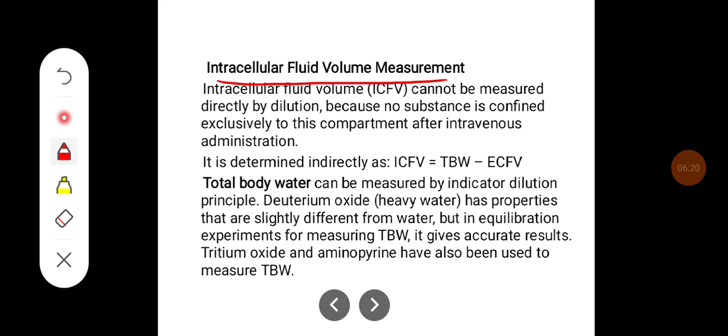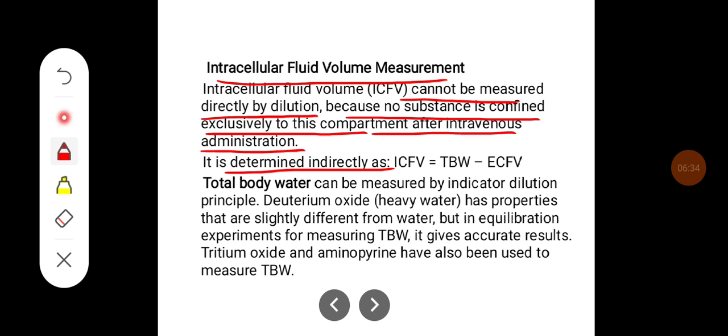Intracellular fluid compartment measurement. Intracellular fluid cannot be measured directly by dilution because no substance is confined exclusively to this compartment after intravenous administration, and it is determined indirectly: intracellular fluid volume is equal to total body water minus extracellular fluid volume. Total body water can be measured by the indicator dilution principle.